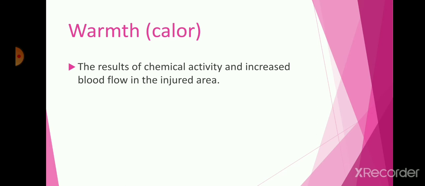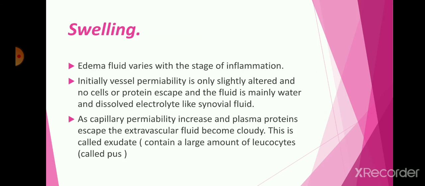Talking about the next sign of inflammation, that is swelling, which is also called edema, which occurs due to a greater amount of blood supply and more WBCs, because before starting the clearing operation they must come out of the blood vessel, which is called migration.